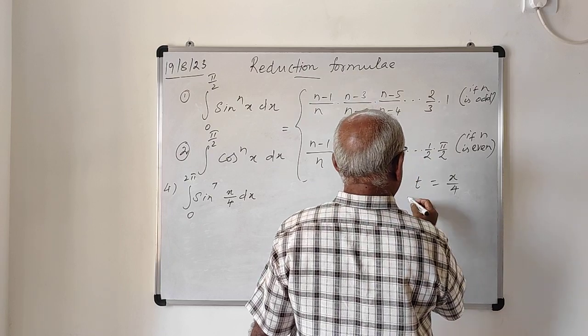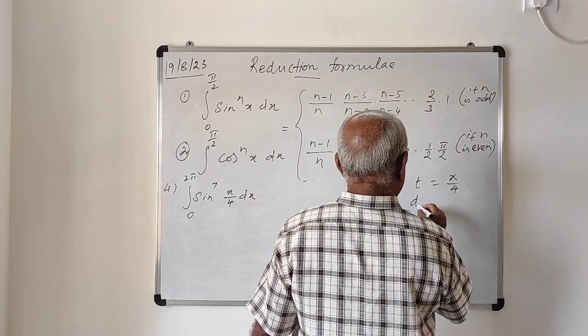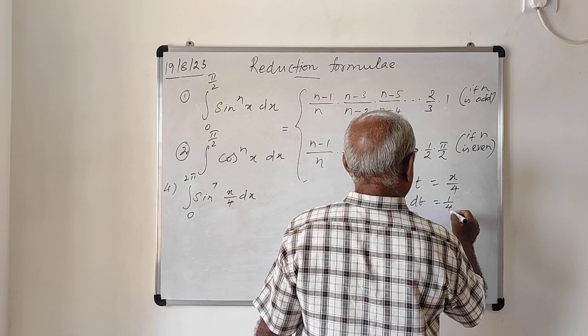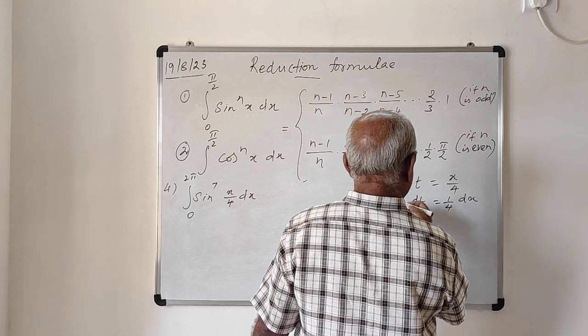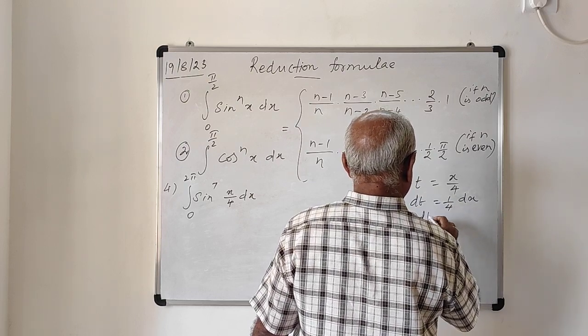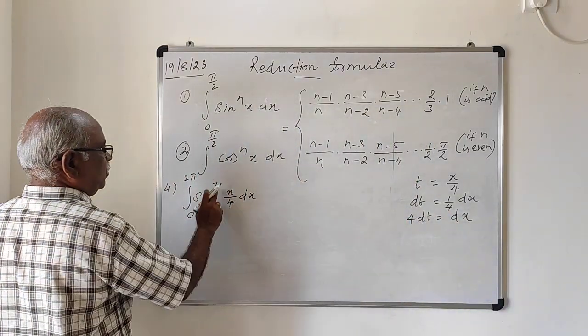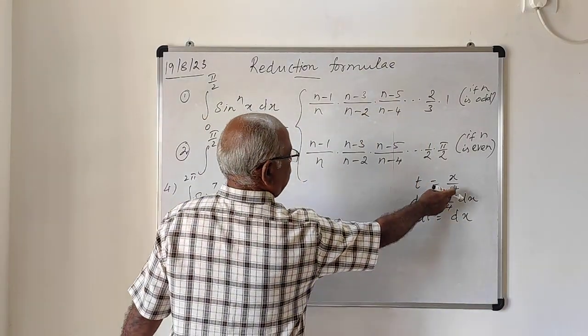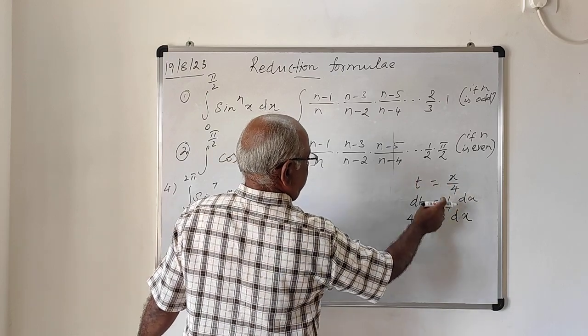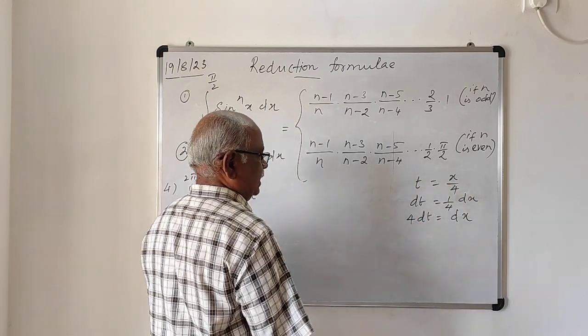The derivative of t is 1/4 dx. So cross multiplication, 4 dt equal to dx. So dx is 4 dt because x by 4 is t.